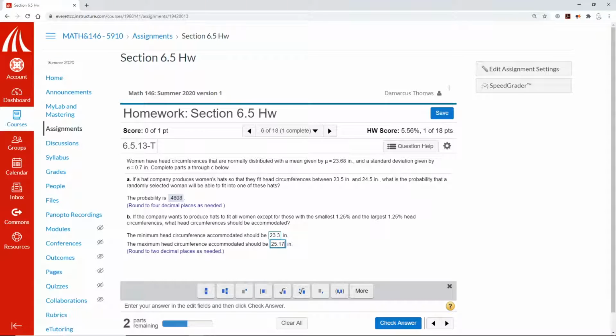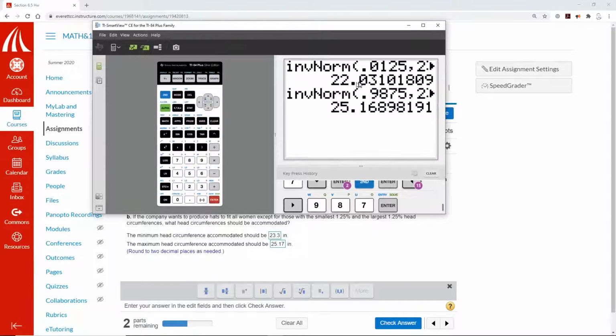And the other one was 22.03, so I mistyped that.